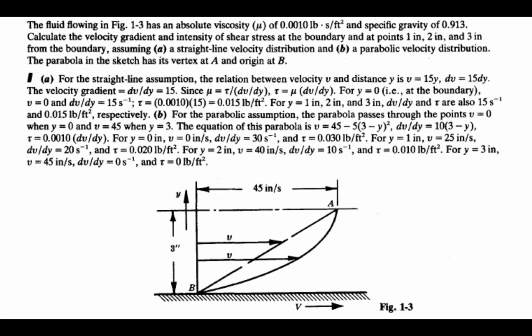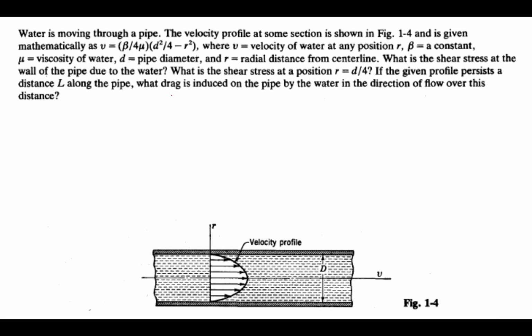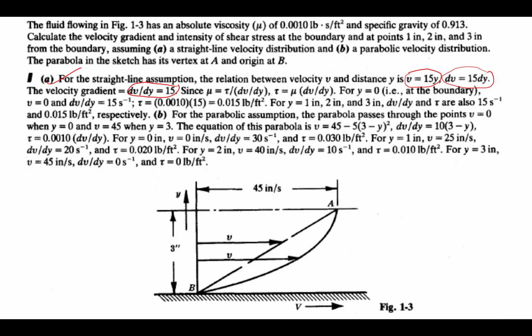So it is written only these things. Your u is equal to 15y. We are going to first solve the straight line. So your du by dy will be 15, and dy by dy will be constant, because if it was y squared it would change, but here it is nothing, so it will be constant throughout. Like that you will calculate your tau.